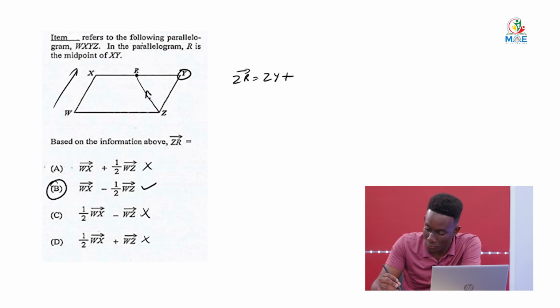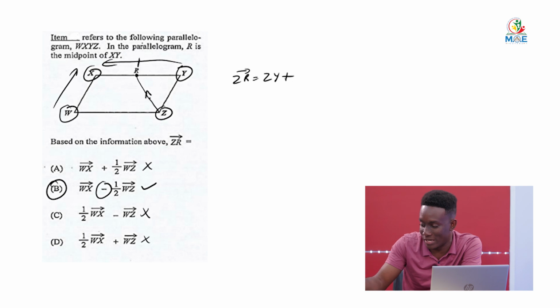So WZ would move from here to here. If you were to add that, that would make sense because we move from here to here. But because of this minus, we flip it. We're moving from here to here. So it says half of that, which will take us right to R. So indeed, this is the answer, B.